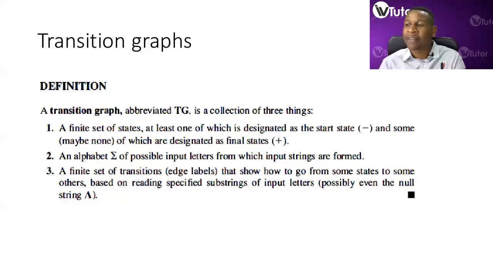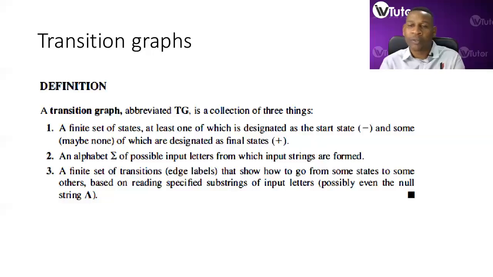Number three, a finite set of transitions, edge labels that show how to go from some states to others, based on the reading of specific substrings of input letters, possibly even the null string.